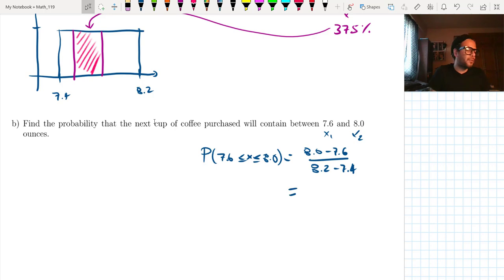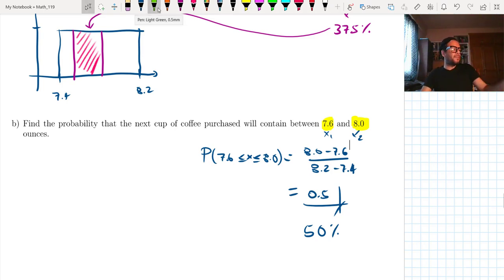Using the calculator for this, you should get 0.5, not percent, 0.5 is the probability. That's basically 50%. So it is 50% likely that a cup of coffee would be between 7.6 ounces and 8 ounces.